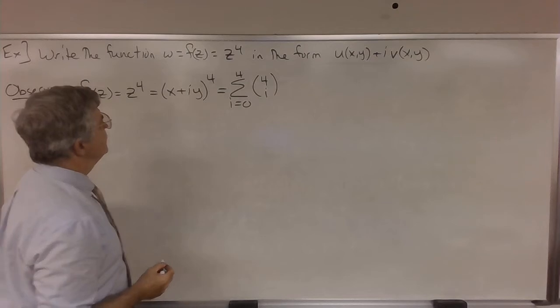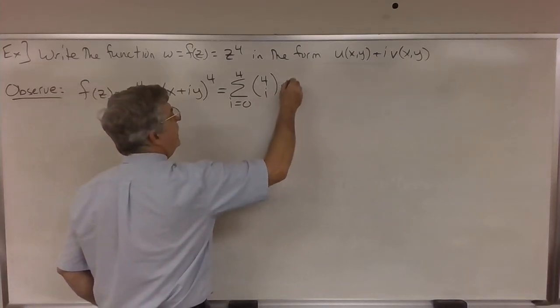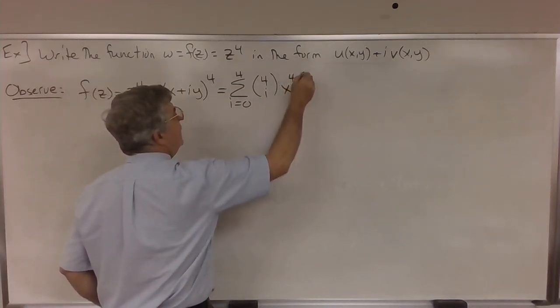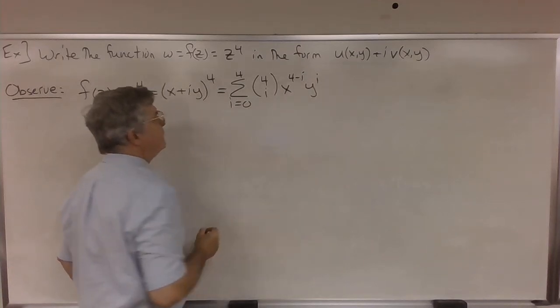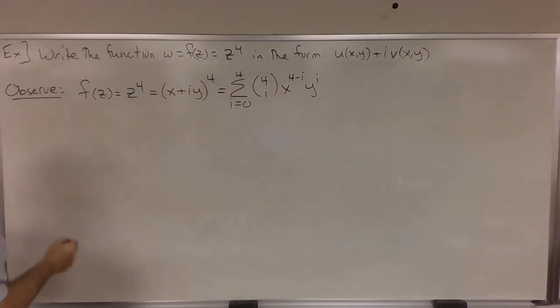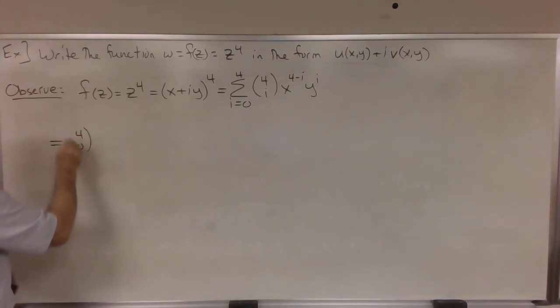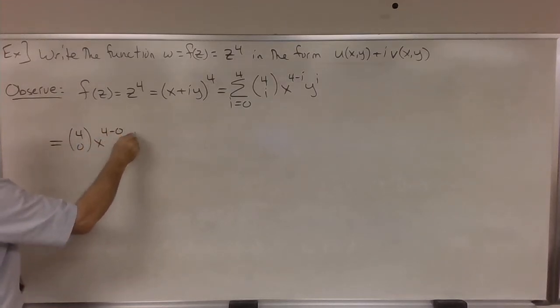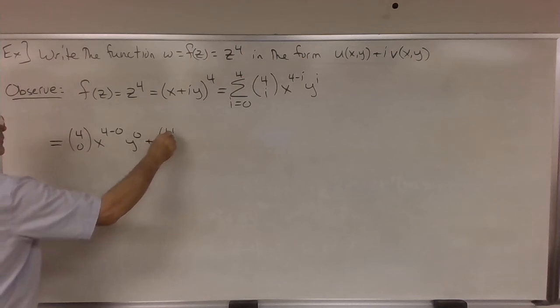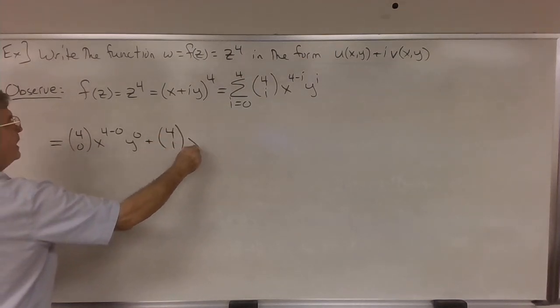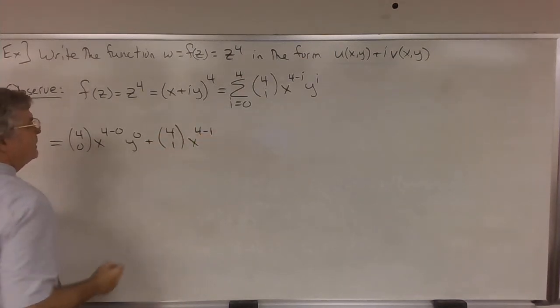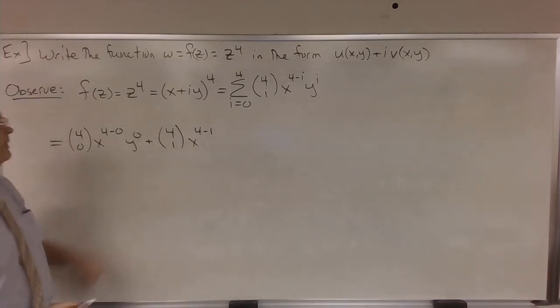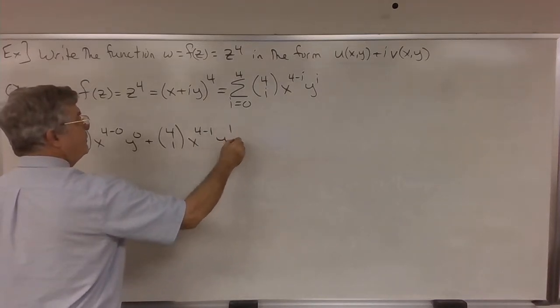So let's see, 4 choose i, x to the 4 minus i, y to the i. Okay, and we have i equals 0. So that's 4 choose 0, x to the 4 minus 0, y to the 0, plus 4 choose 1, x to the 4 minus 1, y to the 1.